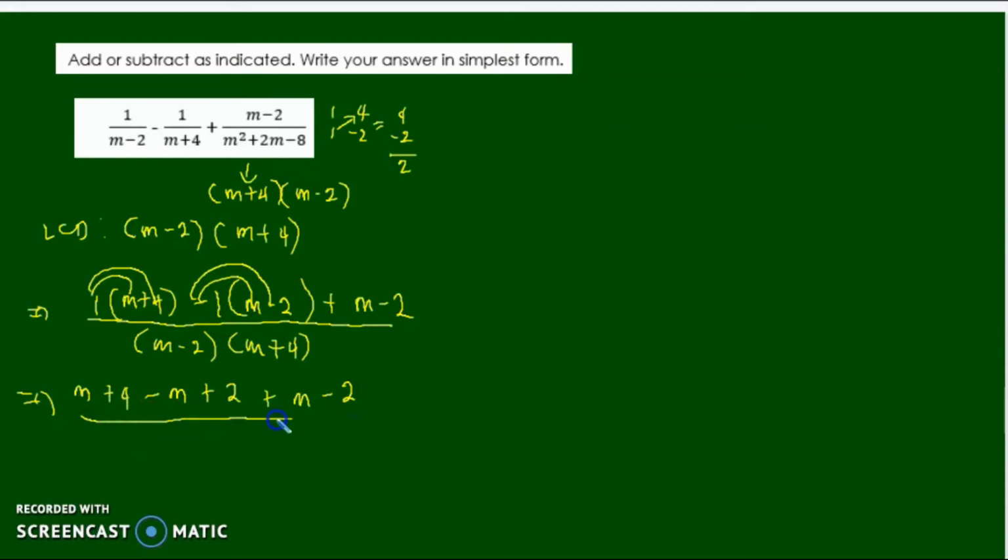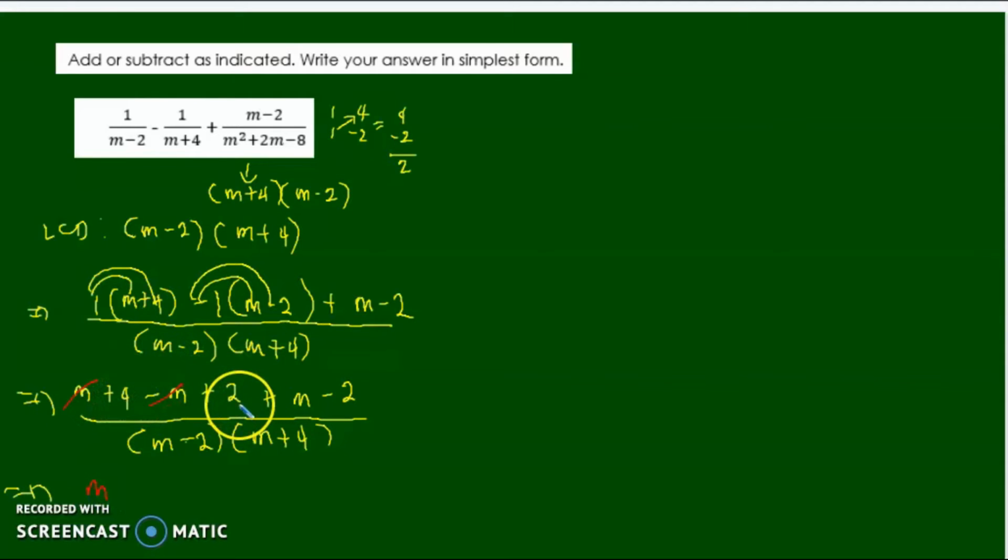Then, all over the quantity of m minus 2 times the quantity of m plus 4. And then, simplify. So, combine like terms. So, m minus m is 0 plus m equals m.